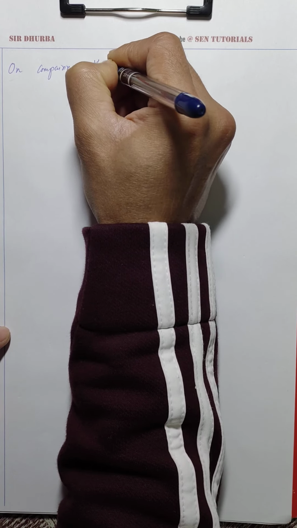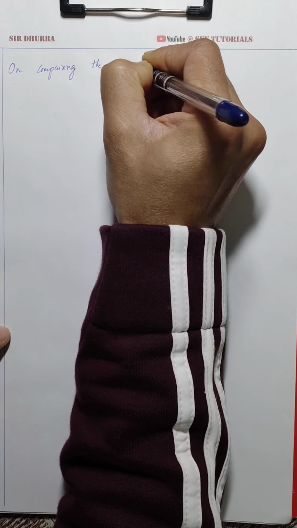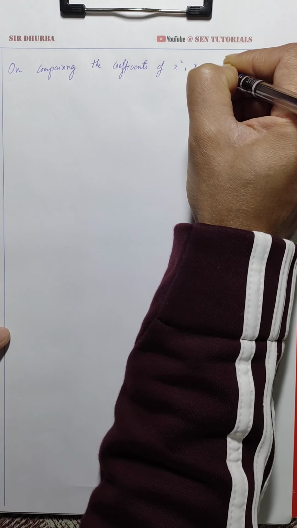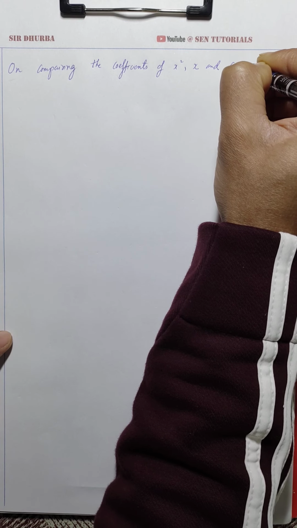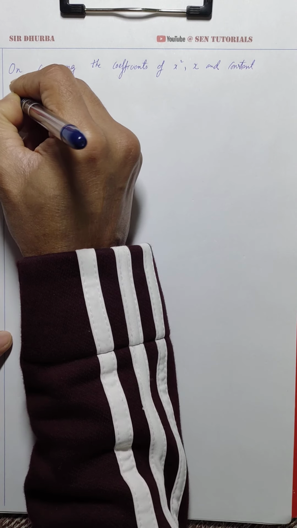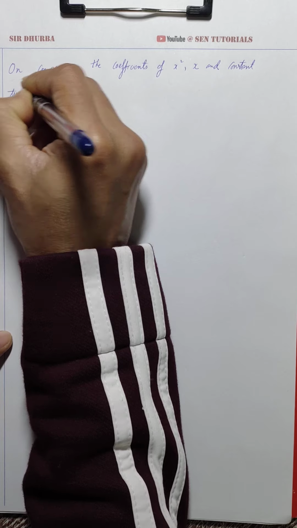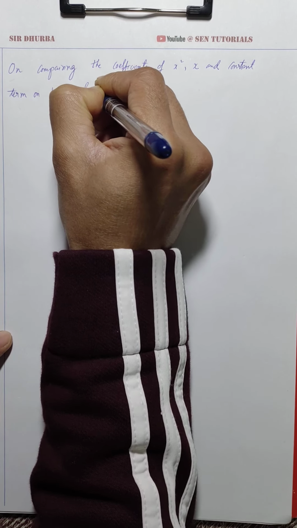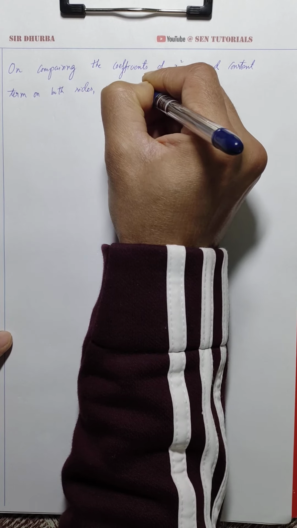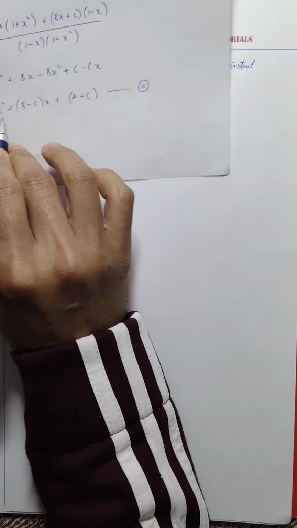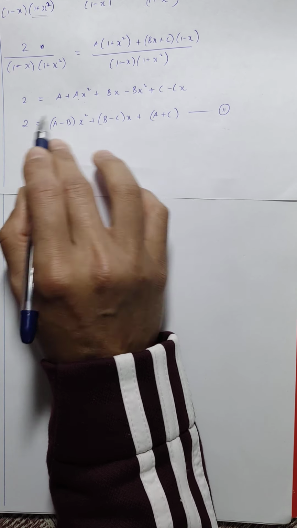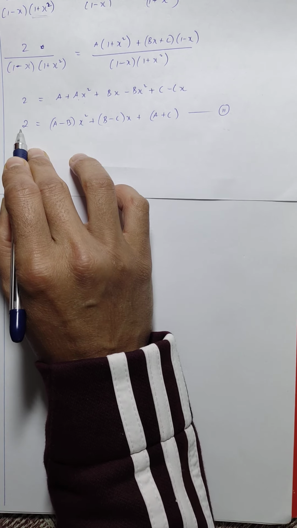So on comparing the coefficients of x square, x and constant term on both sides, we have, so what do we have? The x square coefficient 0, x term 0, constant term 2.